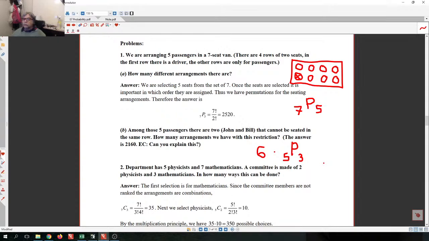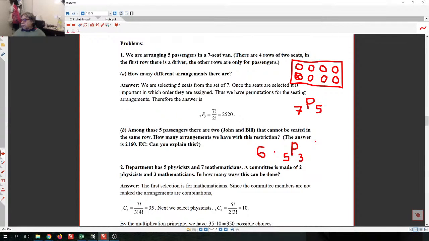Now again, you can use your calculator to find this number, but I can tell you it's 60. That is 5 factorial on the top, 1 times 2 times 3 times 4 times 5, that's 120, divided by the number you're not choosing. If you're choosing 3, you're not choosing 2. On the bottom, there's 1 times 2.